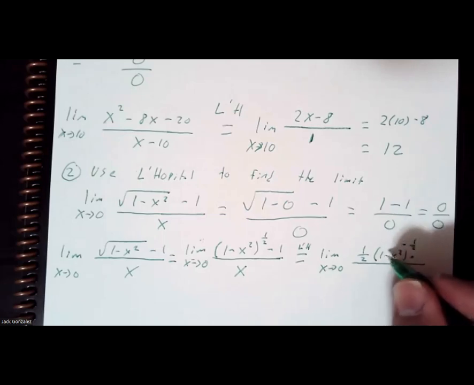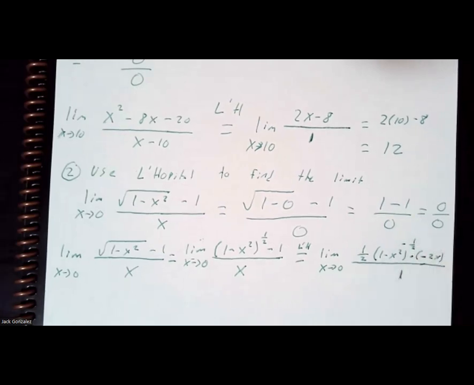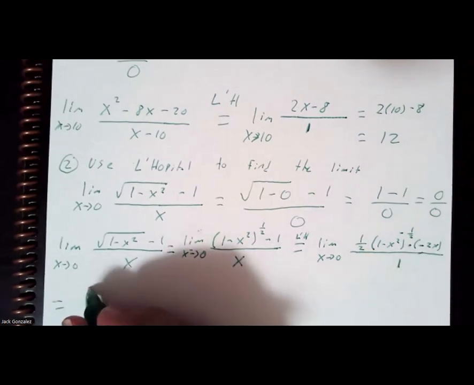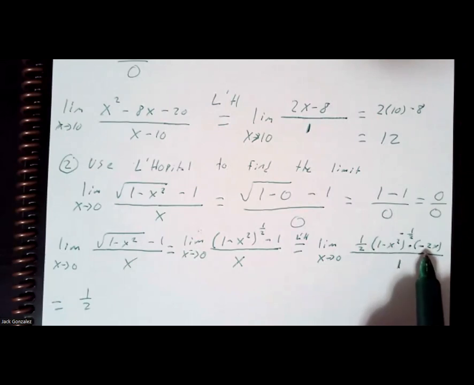The derivative of the inside is negative 2x. So now we did derivative of the bottom, derivative of the top. Now, can we plug in the limit? Looks like we should be good. Can we cancel the 1/2 with the 2? Yeah, with this 2.